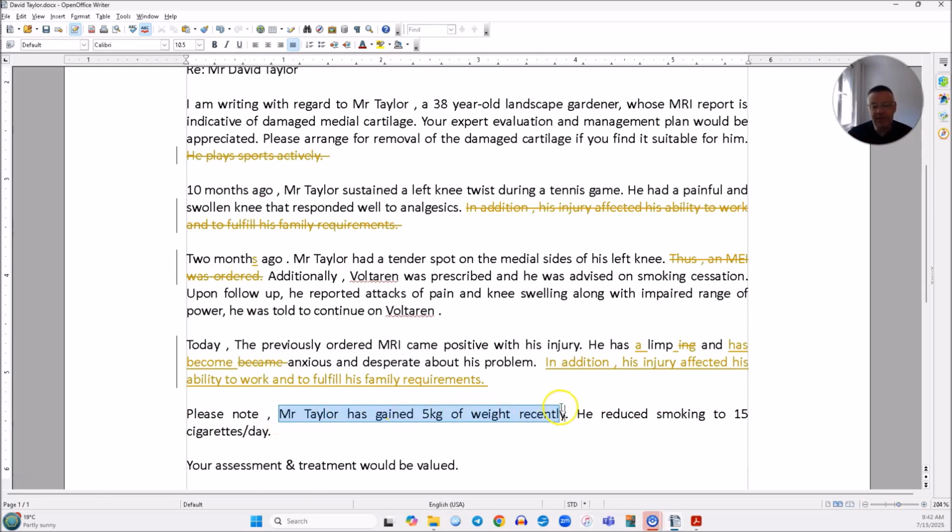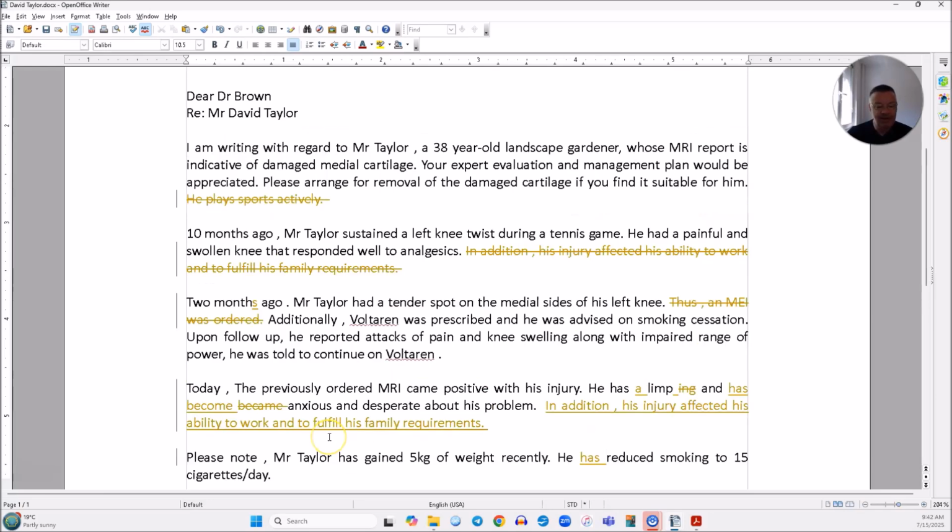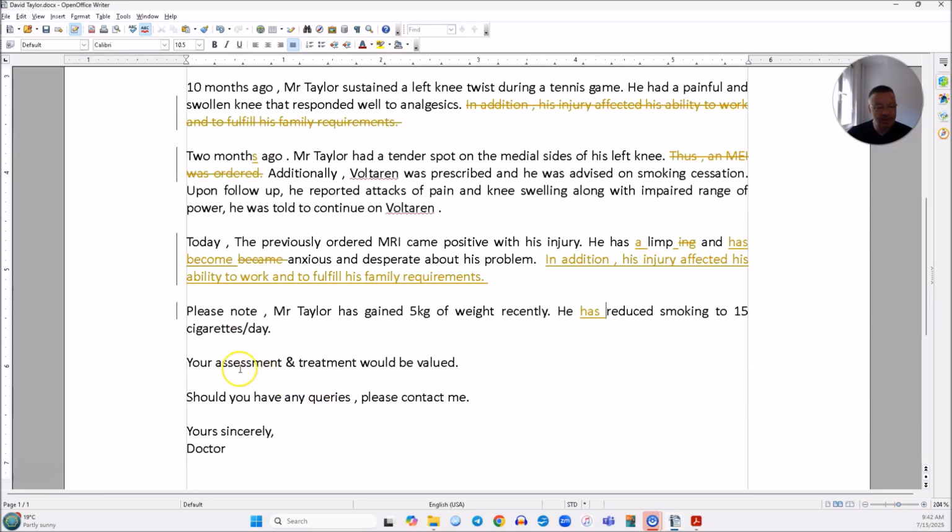Why do I need to note this particularly? That he gained 5 kilograms of weight. That should be present perfect. He has gained. In view of the above, your assessment and treatment should.